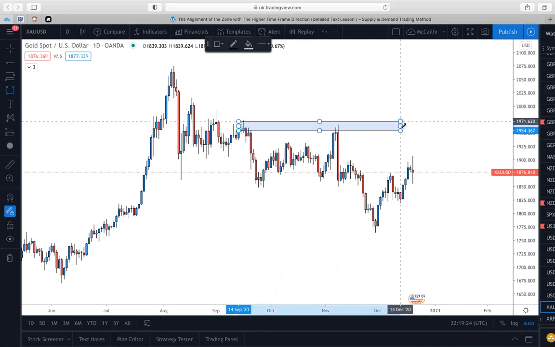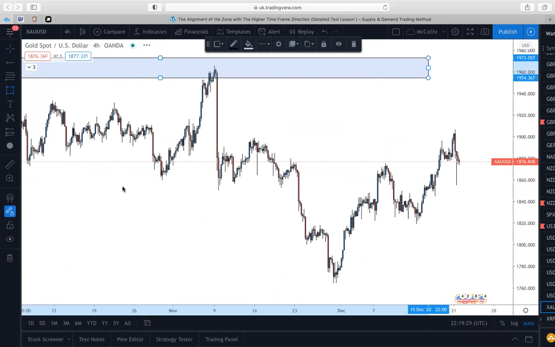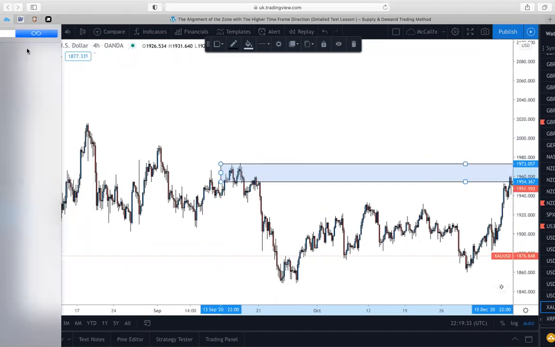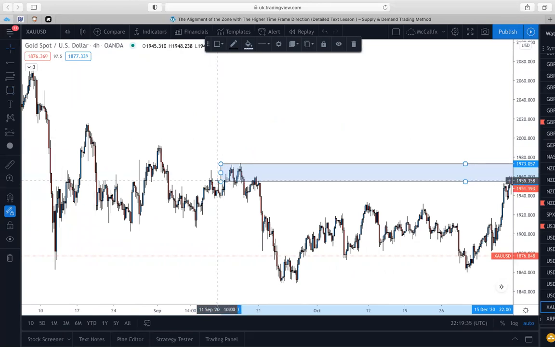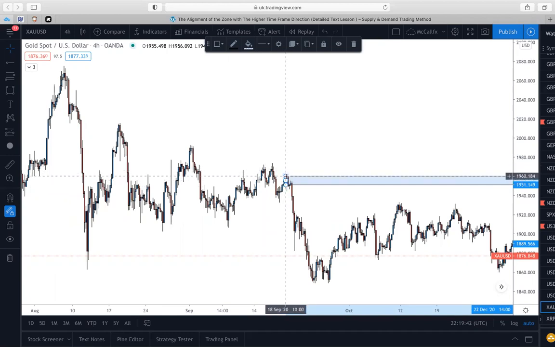So this was the demand zone, right? And on the 4 hour time frame, I'll show you. This is what I did. I had my zone at this place. But I was like, wait, hold on.